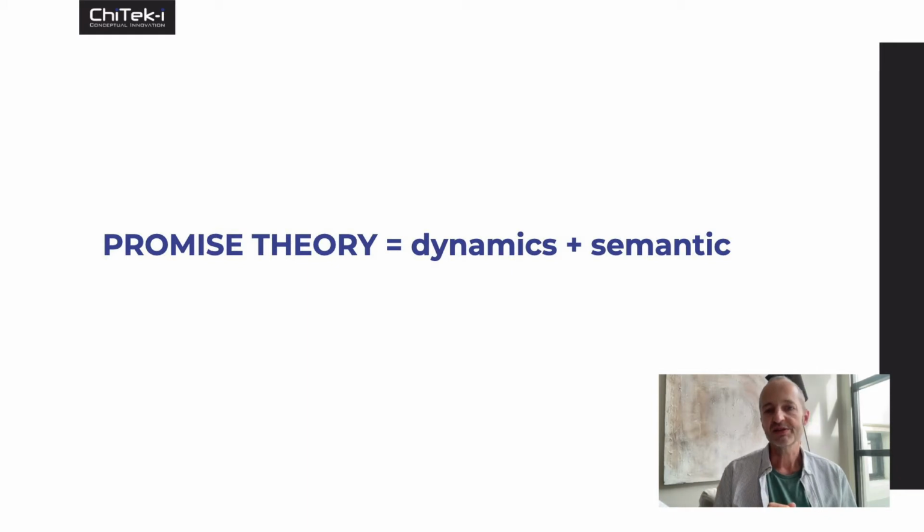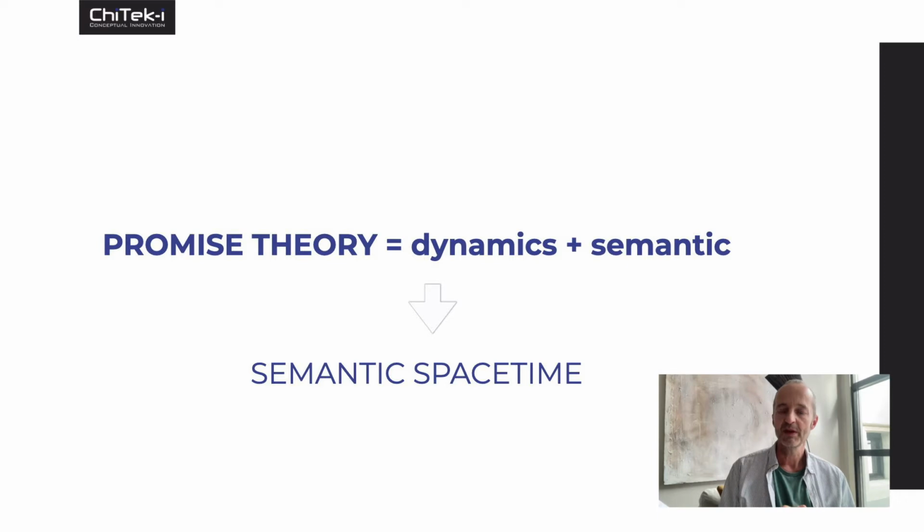The result is a kind of a knowledge-oriented approach to the design of autonomous networks. And in particular, if we follow something called the Semantic Spacetime model, which is an application of promise theory, we can ensure that agents keep clear promises, and so they remain trustworthy and safe in a predictable way.